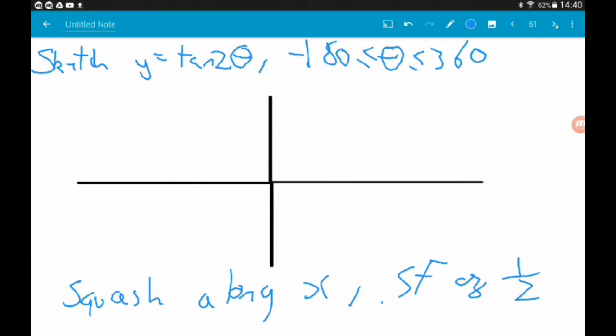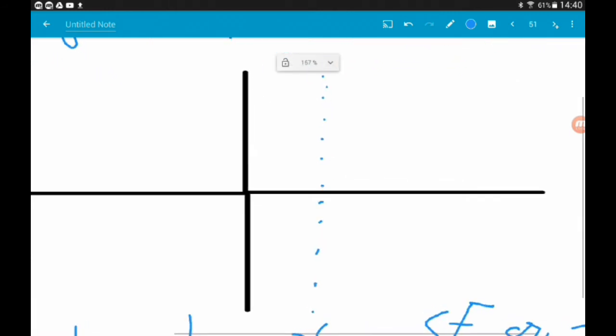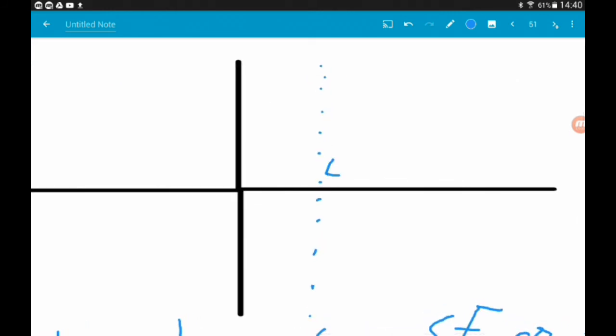So let's first of all think about the asymptotes. The first asymptote is at 90 on tan of theta. So we're going to halve that for tan of 2 theta. So the first asymptote is going to be at 45. Now we're also going to have one at minus 45.